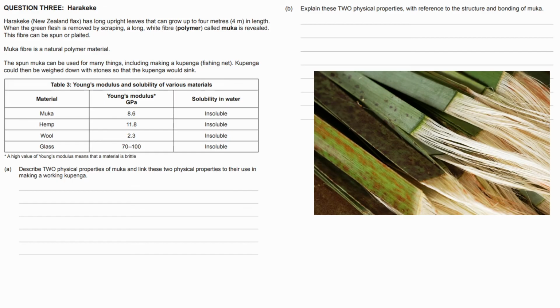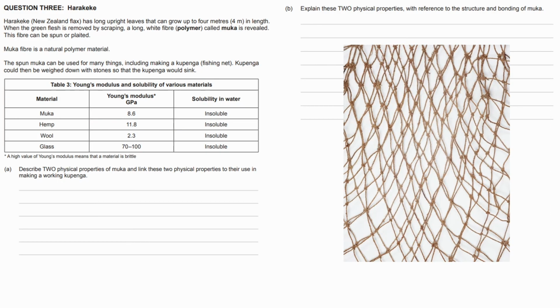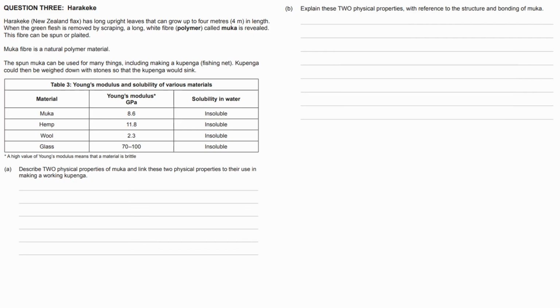And then this can be wound or woven into a fiber that we can then tie into a net. And here's our net, or our kupenga. Okay, so that's our net. So they've given us a table here about 4 different substances, materials that we might make a net out of.